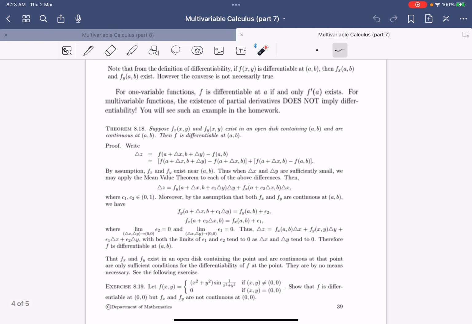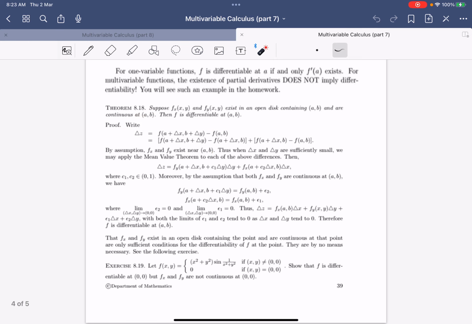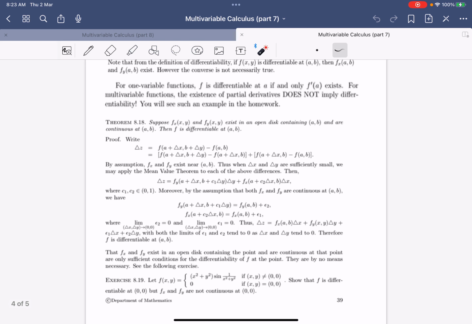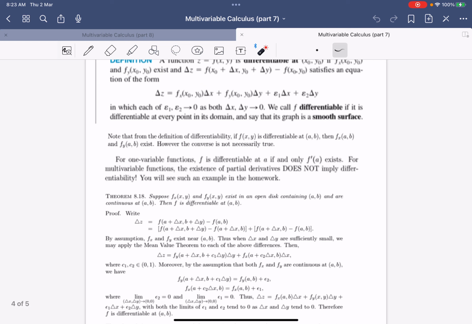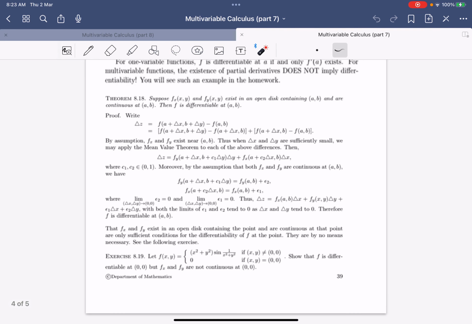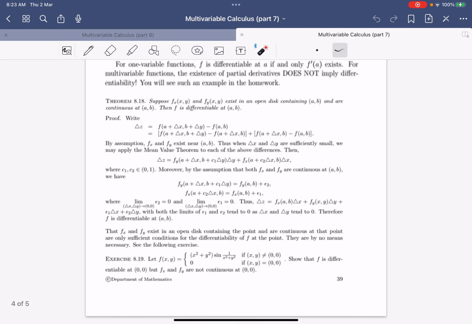So you really need the partials to be continuous and existing for f to be differentiable. And while f is differentiable and the partials exist, the partials need not be continuous. So you can use this example to check that the partials are not continuous.